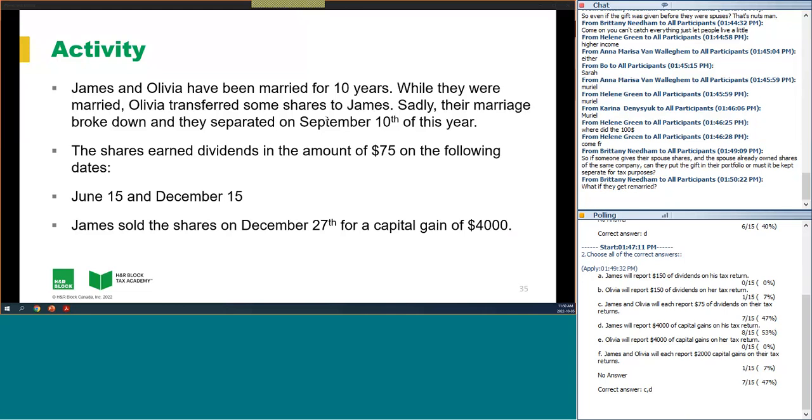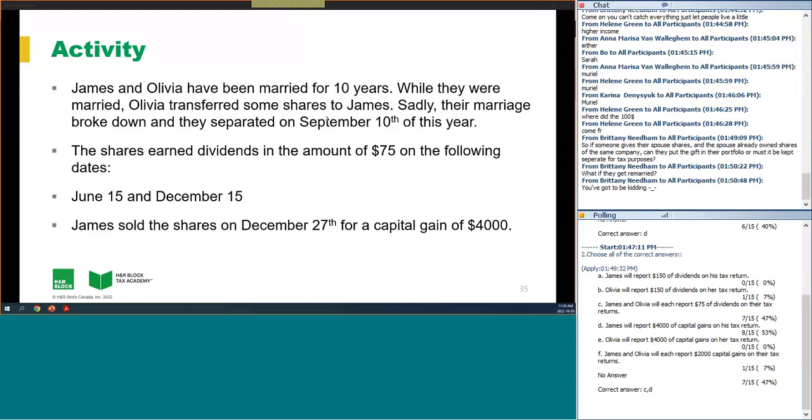And Brittany, what if they get remarried? Like I said, life gets complicated. If they get remarried and it's still something that was hers, theoretically the attribution starts again. I will say I haven't had to do that one in real life. It's not super common that you're going to deal with this all the time, but you do have to ask about it.